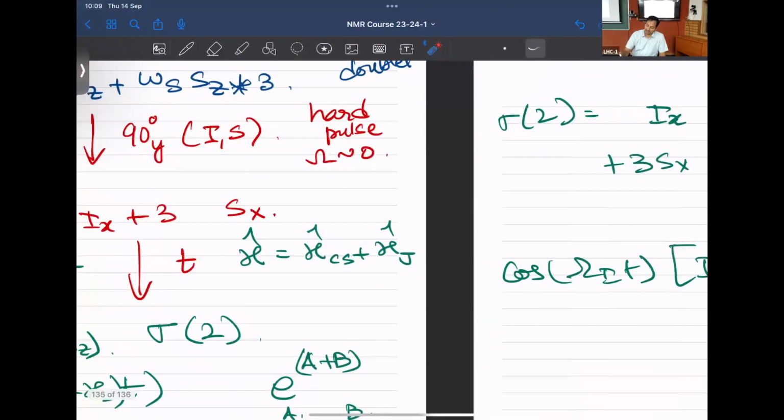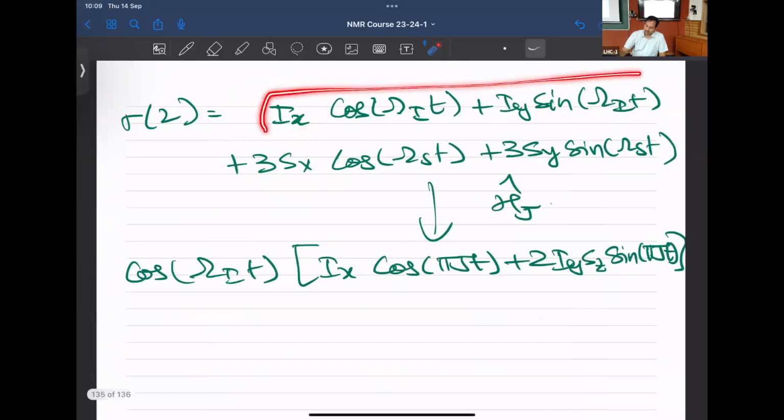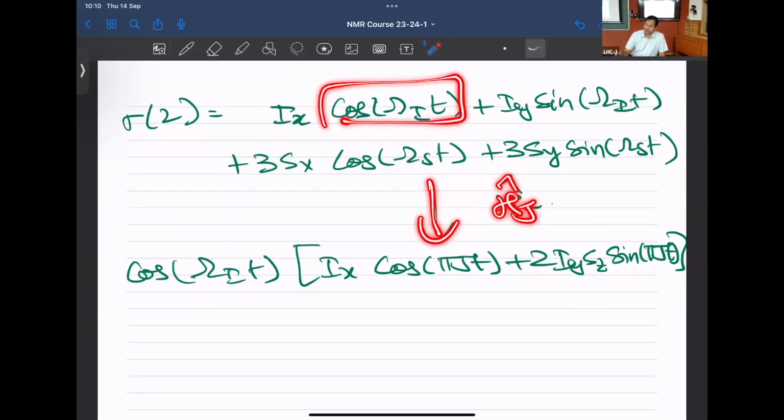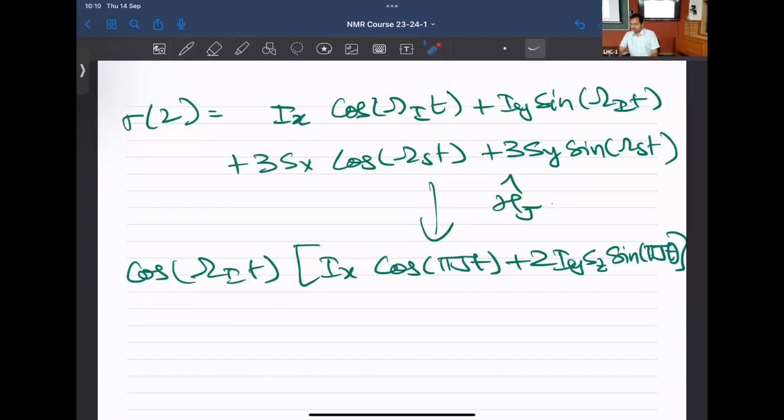We started from Ix, which we expand with the chemical shift evolution. Along Z, Ix will become Ix cos omega I t plus Iy sin omega I t, plus 3Sx. The 3 ends up coming because there are 3 methyl protons. Therefore, Sx cos omega S t plus 3Sy sin omega I t. Right? Followed by that, you have J coupling evolution for each one of them, meaning that you keep this as a constant, put that right outside, because remember, here the Hamiltonian will only act upon the operators.